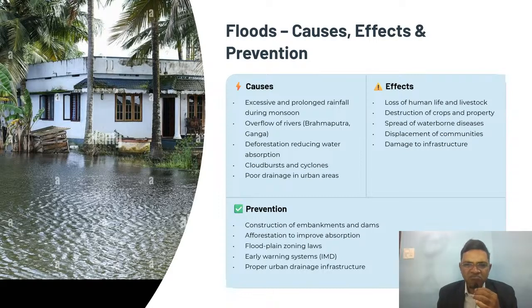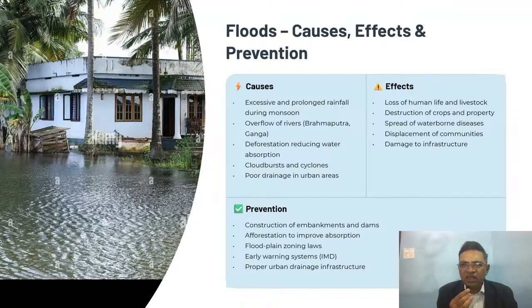Deforestation, cutting the forest harshly, also reduces water absorption. Then cloudbursts and cyclones, then poor drainage systems in urban areas. So these are the causes. They may ask what are the causes of floods, so you are able to write the same or tick the same.